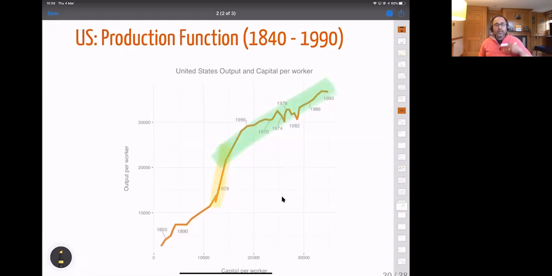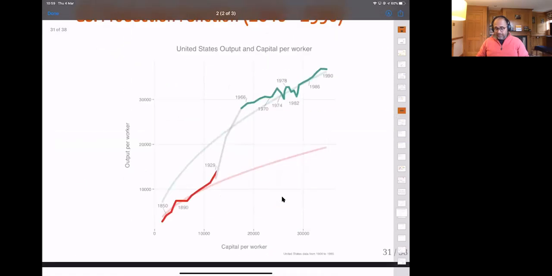It's a phenomenal jump. And 1920s to 1950s is the war effort, the innovation through the war effort, and then the emergence of the technical ideas that started coming out of the US. And if we were to fit the production function, what happens is that the 1850 to 1920s production function looks like this.